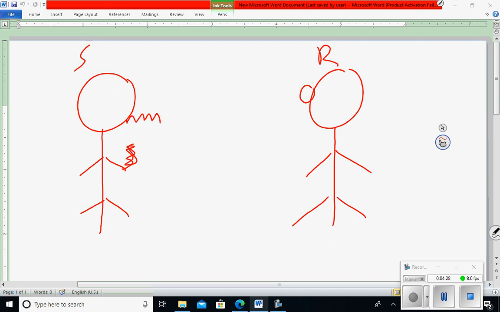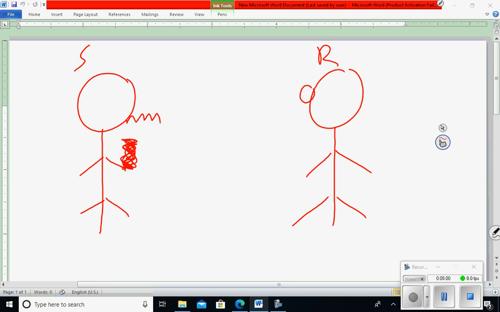So the speaker or the sender waves his hand for someone, and the receiver will understand that the speaker is saying hi to him, for example. Or you can do any other gestures. Or if you put on a kind of perfume, the receiver can just smell that and be happy for that. So this is the idea of communication.